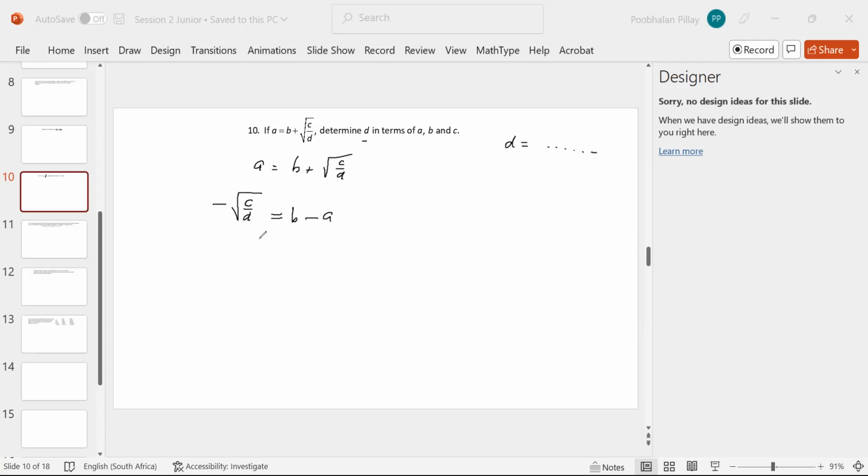So let's change the sign for a start. In other words, you multiply right throughout by -1.